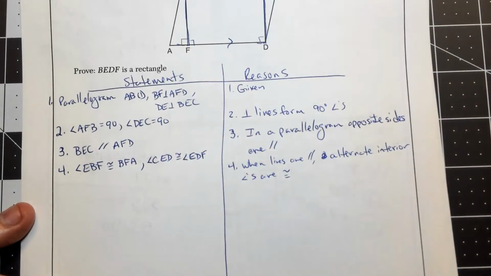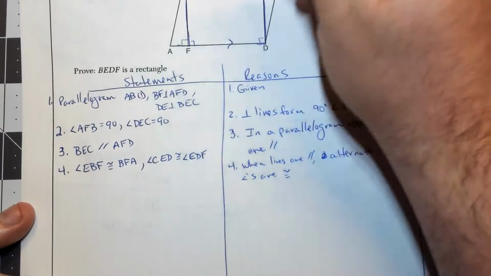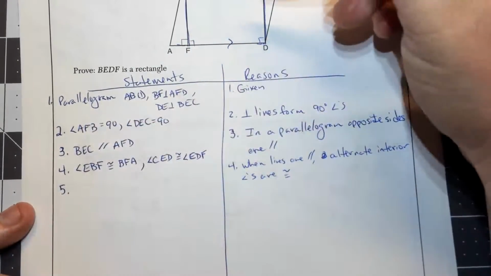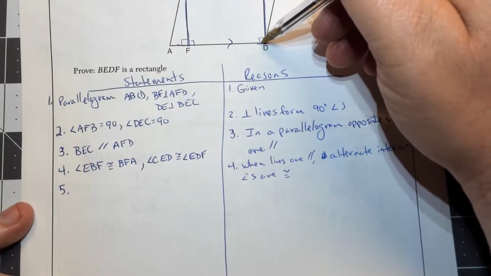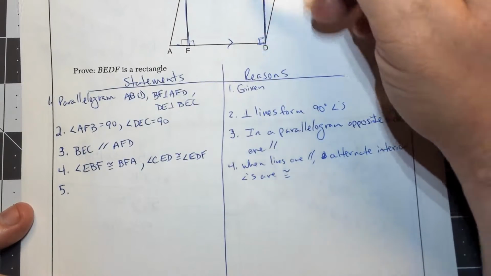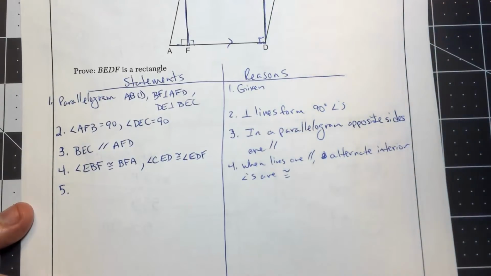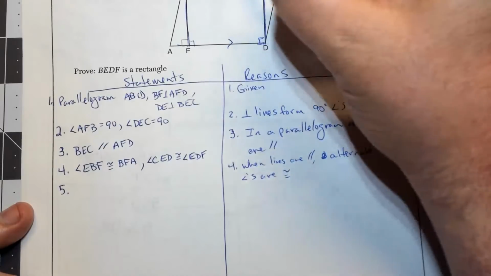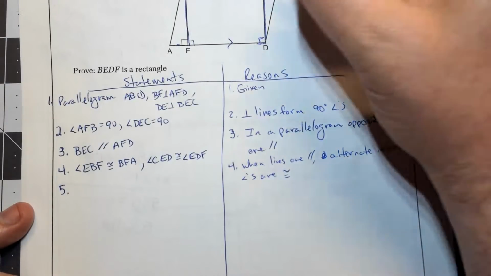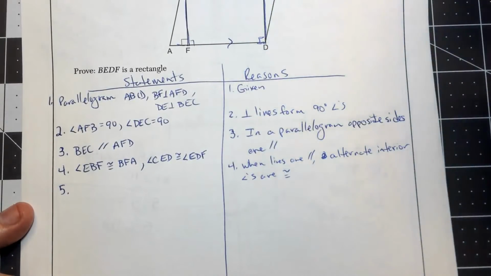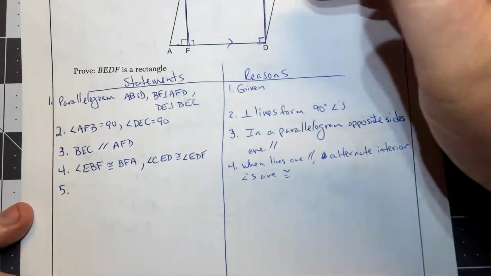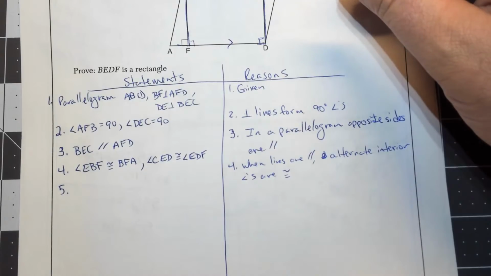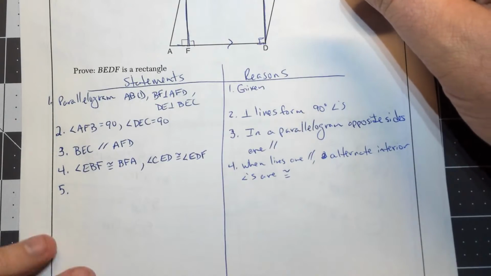So we have that. Now we need to get these two next door. Okay. There's another thing we can do with parallel lines, if you guys remember, which is if this is 90, this guy has to be 90 because they're same side interior, they're supplementary. Or we can use the fact that these are making a straight line. So if this angle is 90, the other supplementary angle on the same side on the same line there is going to be 90 degrees as well. So let's do it.